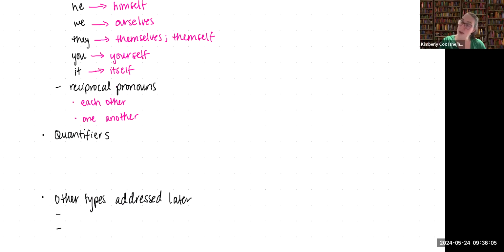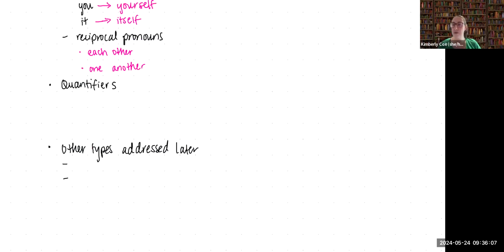Okay. Quantifiers are the next type of pronoun that I want to talk about, and these are pretty wonderfully simple because there are three main quantifiers that we have in English. And so that is going to be, I'm just going to number them so that way you can see, both, many, and all. Okay. And very simply, right, they quantify, and they often quantify nouns, right?